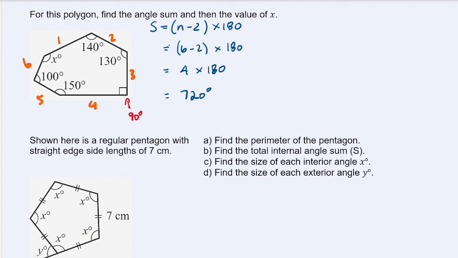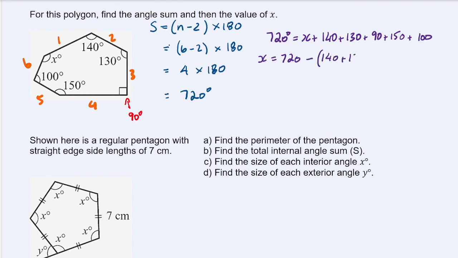What we can do here is we can very quickly say that 720 degrees equals all 6 of those angles added together. So x plus 140 plus 130 plus 90 plus 150 plus 100. But the easiest way to do this is to go with the x. So x equals 720 minus those other numbers.